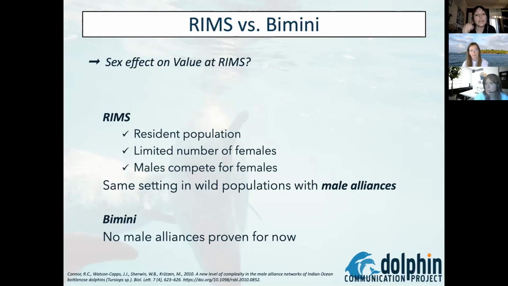And so that could explain why we have only an effect at RIMS and not at Bimini. But one thing we have to keep in mind is we had a very small sample set, and only finding one effect on value at RIMS doesn't mean that we do not have anything else. It just means that maybe other effects are hidden because we had too small a sample size.